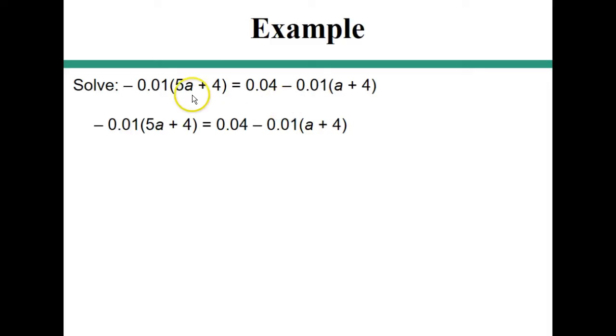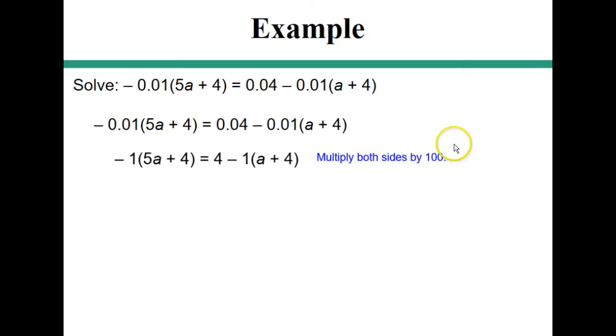In order to get rid of the decimals, we're going to multiply each term by 100, which causes us to move the decimal place over in each of these terms 2 places. And then we can rewrite it and we get this. So you might say, why did you do that? Well, it makes it so much easier to work with things that don't have decimals.